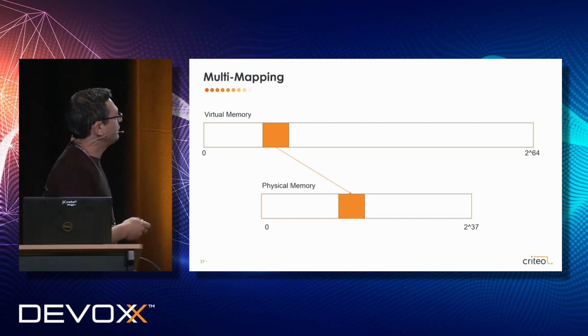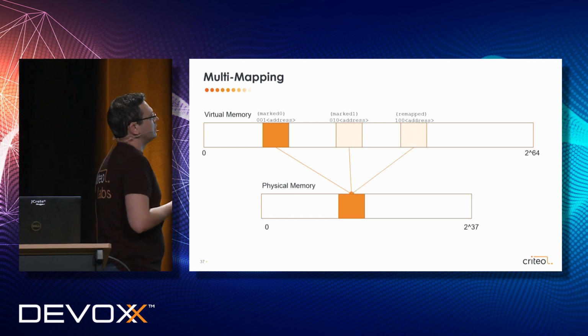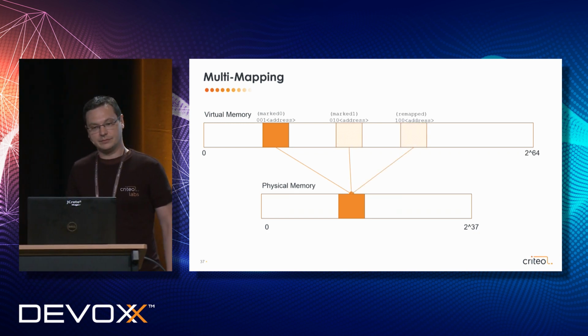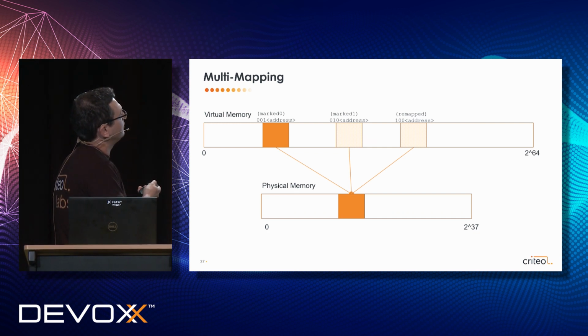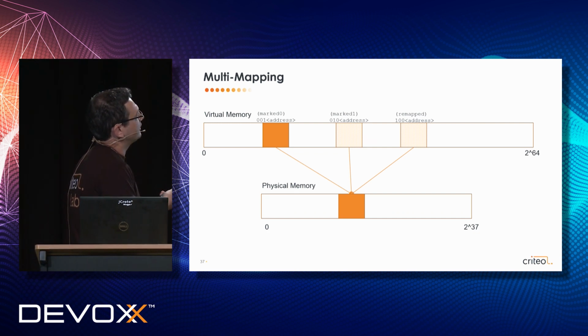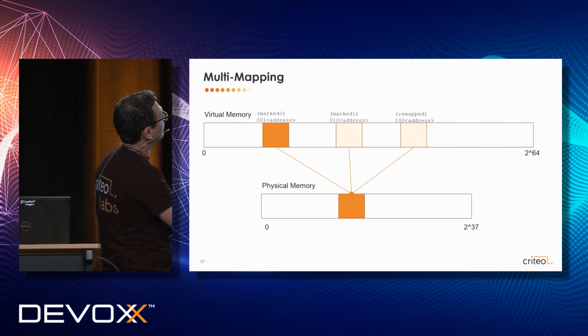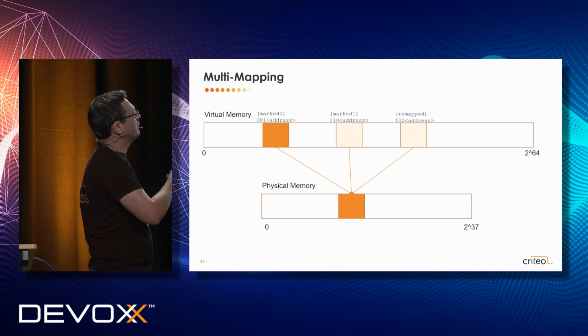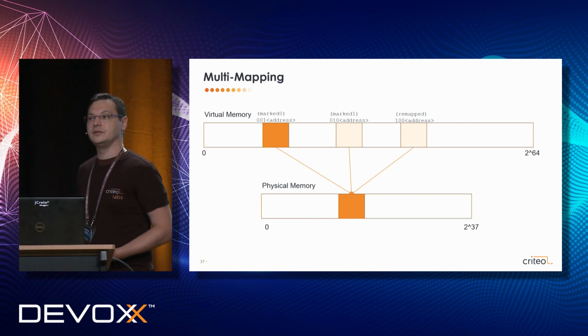We can have one physical page backed by multiple virtual pages, and each virtual page has the metadata active at one time. Depending on the phase of the GC, we can use this one or this one or this one, but we are still referencing the same physical pages.